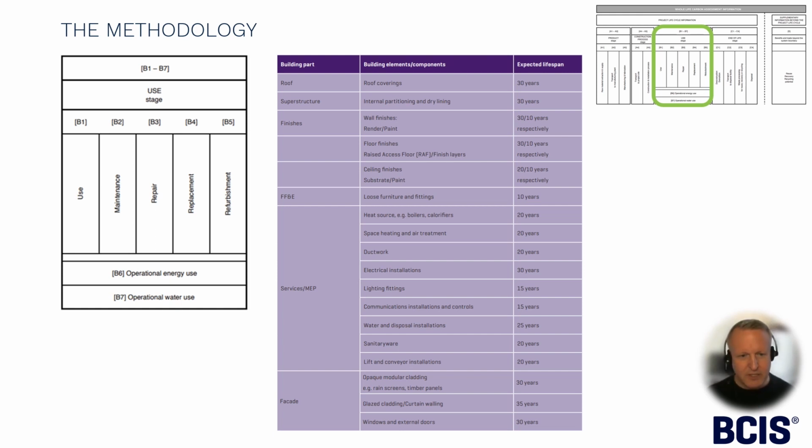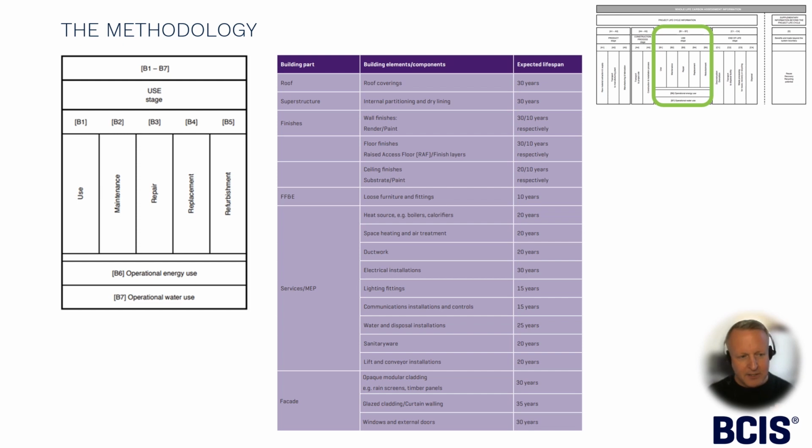BCIS obviously has more detailed information, but also a range, so that you can consider whether you want to use the default or, in the example that you're trying to build up, it's of a higher usage, so therefore the expected life expectancy will be shorter because it's getting a lot more use than these default values.